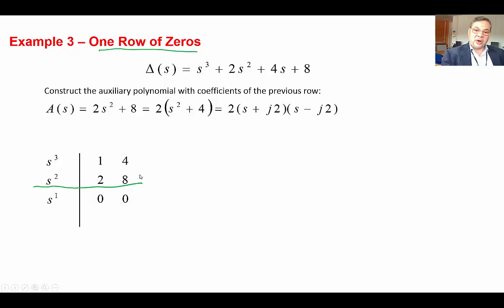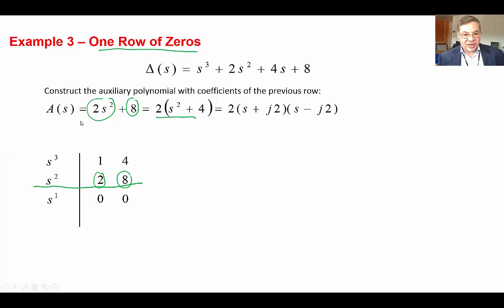Construct an auxiliary polynomial from the coefficients of the previous row. So that will be 2s squared plus 8, or expressed like that. And this is our auxiliary polynomial. Differentiate the auxiliary polynomial.